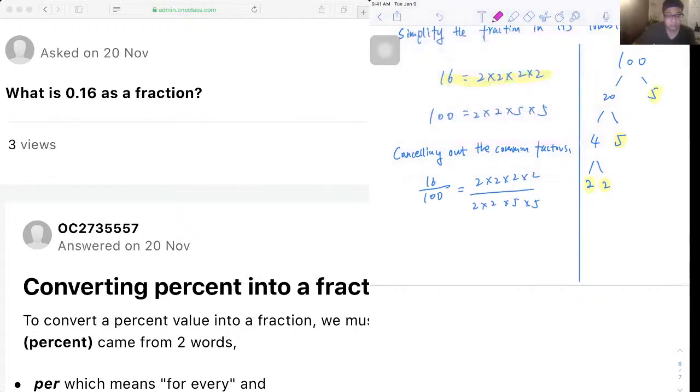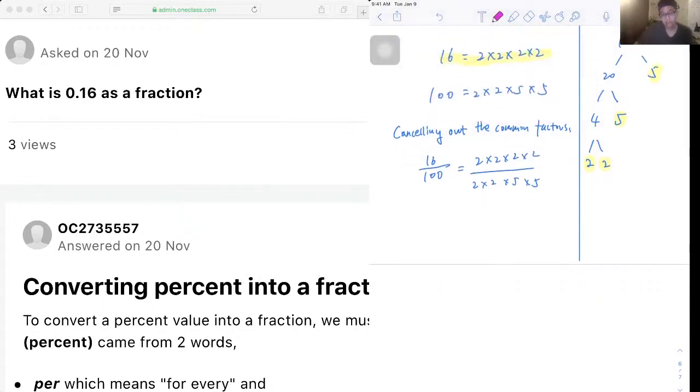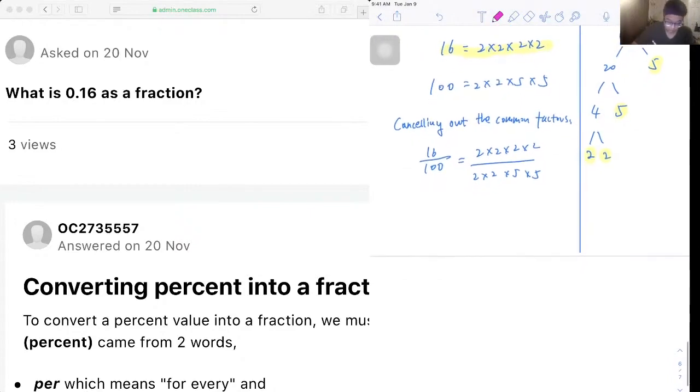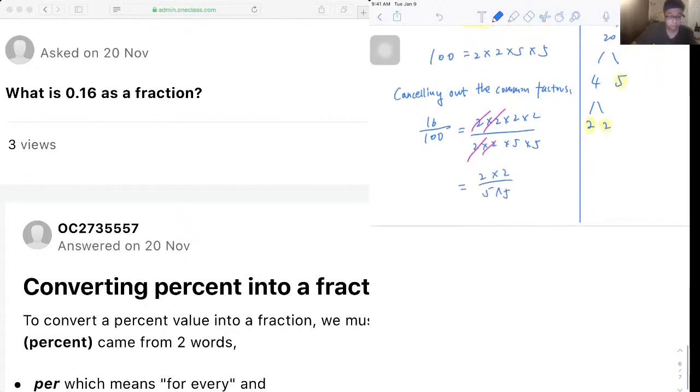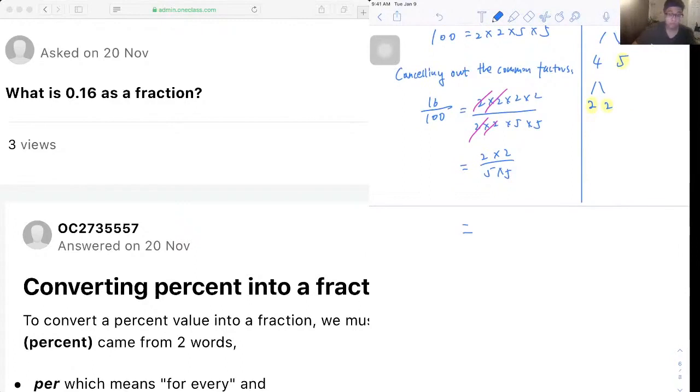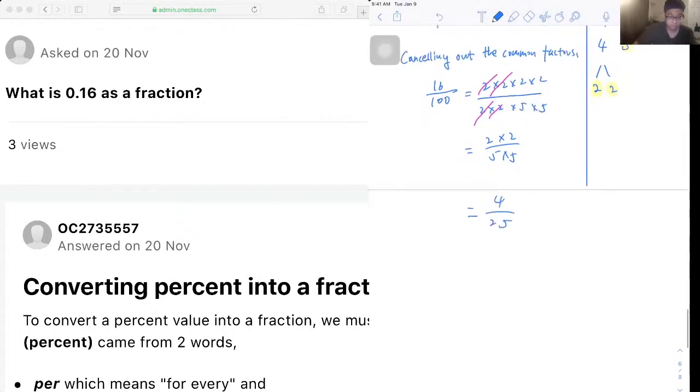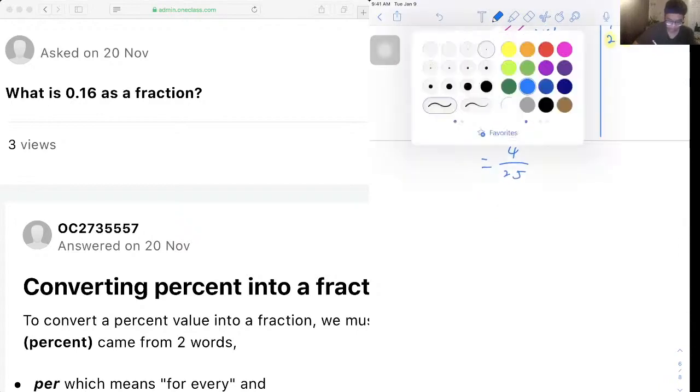And now you can see that we got 2 times 2 as a numerator, and we also got 2 times 2 as a denominator. So which means we can cancel them out. That will leave us 2 times 2 over 5 times 5. And then we just do our multiplication, which gives us 4/25.